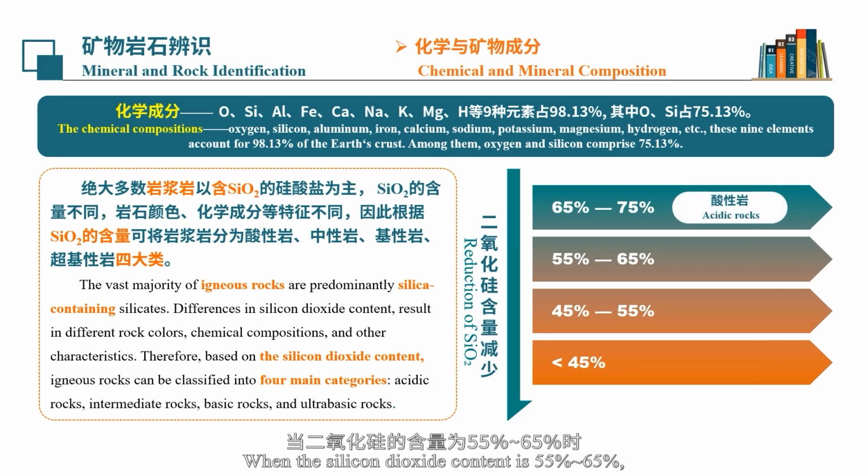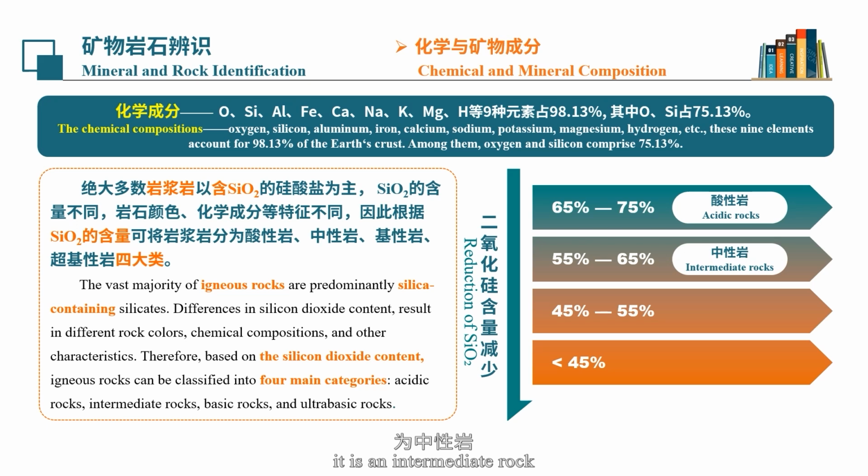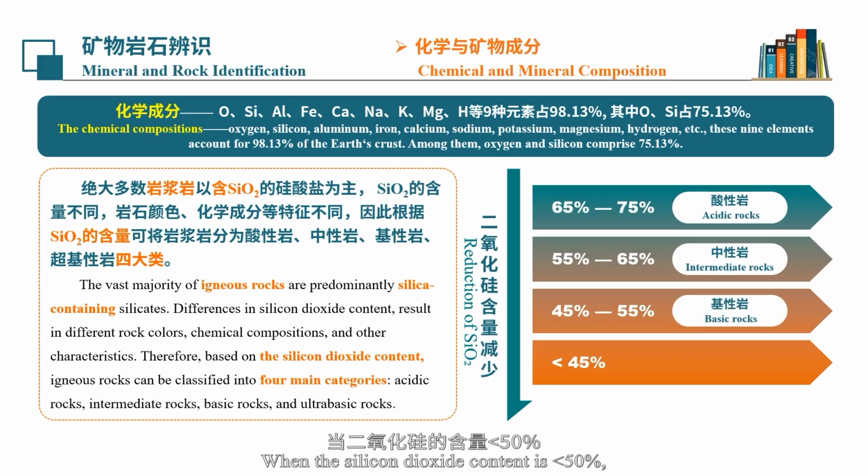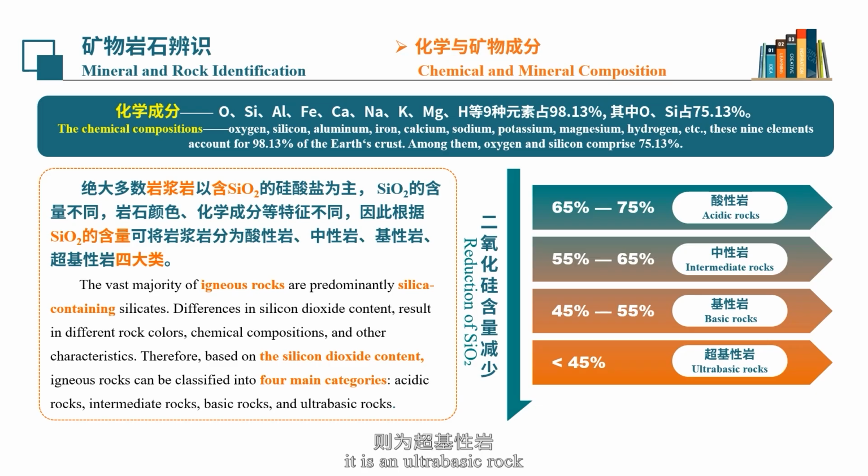When the silicon dioxide content is 55%, 65%, it is an intermediate rock. When the silicon dioxide content is 45%, 55%, it is a basic rock. When the silicon dioxide content is less than 50%, it is an ultra-basic rock.